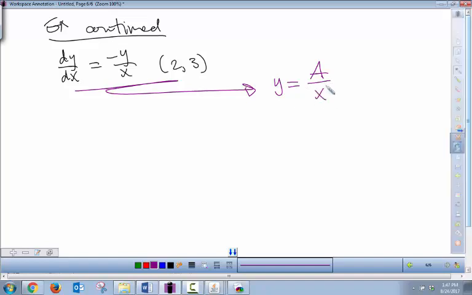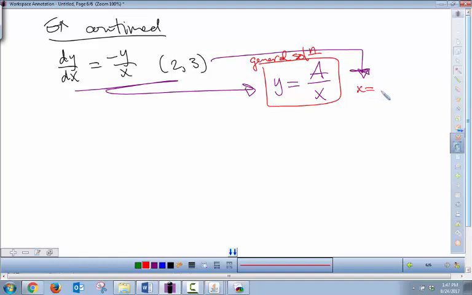So I know that my general solution looks like this, right? So to solve for a particular solution, let me circle this and say this is my general solution. To get my particular solution, I need to put my x value in and my y value.